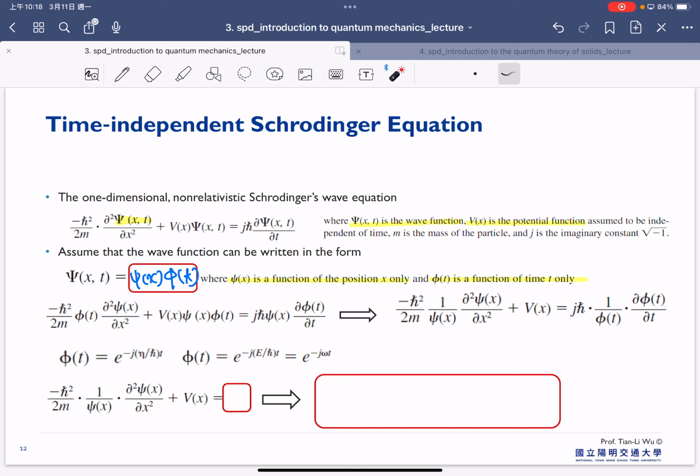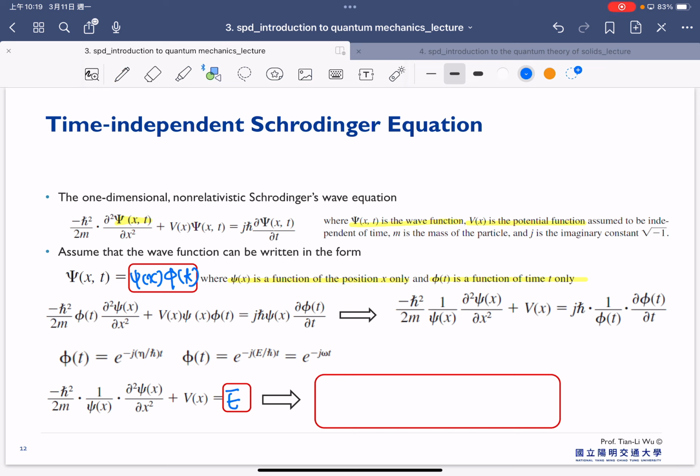Once we put this inside, you can start to get the result like here, and further it becomes this. We can consider phi(t), which can be expressed like here, and therefore in the end this also becomes like this. When you put everything inside, you will have this E.